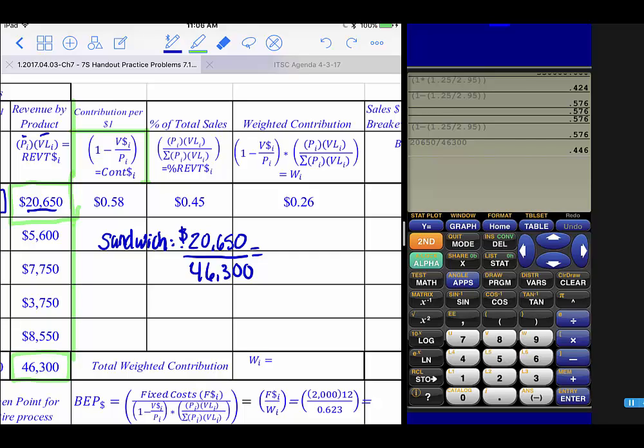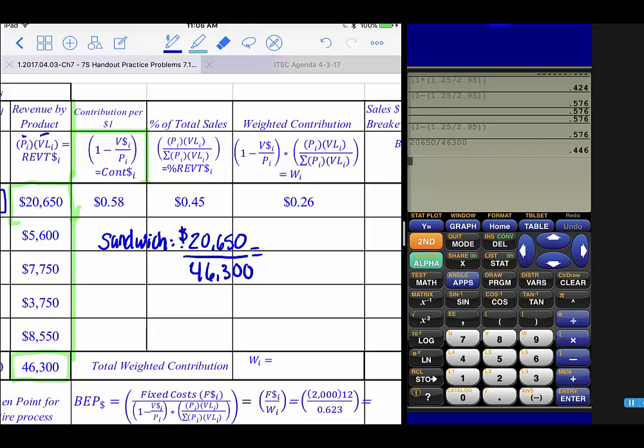The next calculation is to determine the percent of total sales that the sandwich has contributed. You'll notice I've got this 20,650, the total revenue we've brought in from sandwiches: $2.95 per sandwich multiplied by the volume of 7,000.